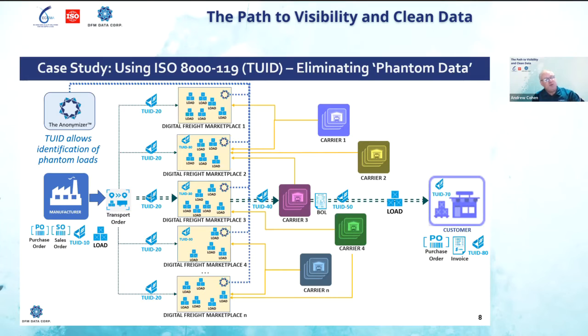So in this case, what happens is the system itself notifies all of the members who are participating as those loads, as those transport units move through the system, and they can then understand their status and remove them from the marketplace when they get to the point where they're delivered, eliminating the phantom data from the process.